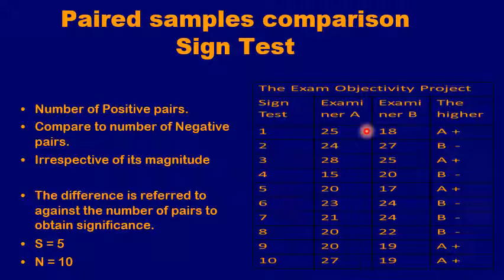The test results here are not significant. The S value is 5 and the number is 10, and to prove this you would need to have a critical value of 1 or less, and obviously the results are not statistically significant.